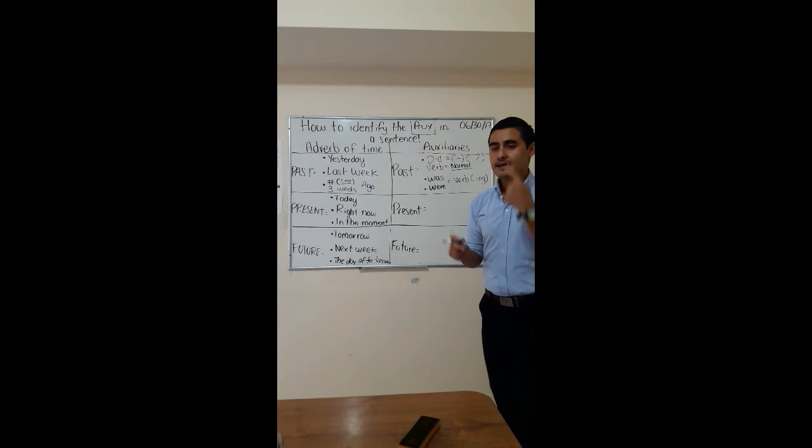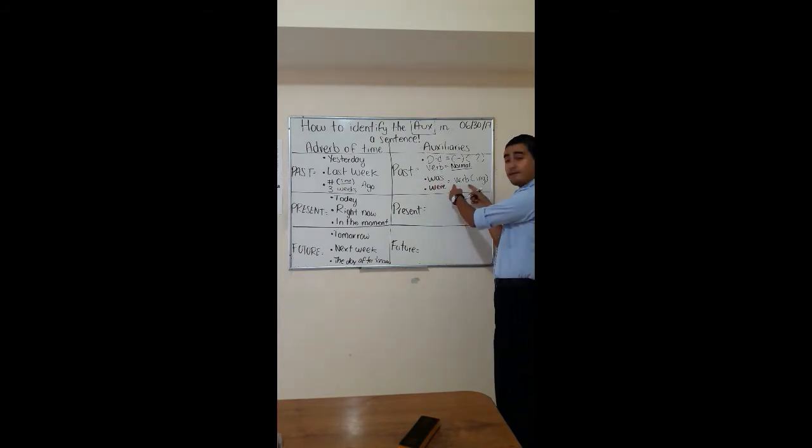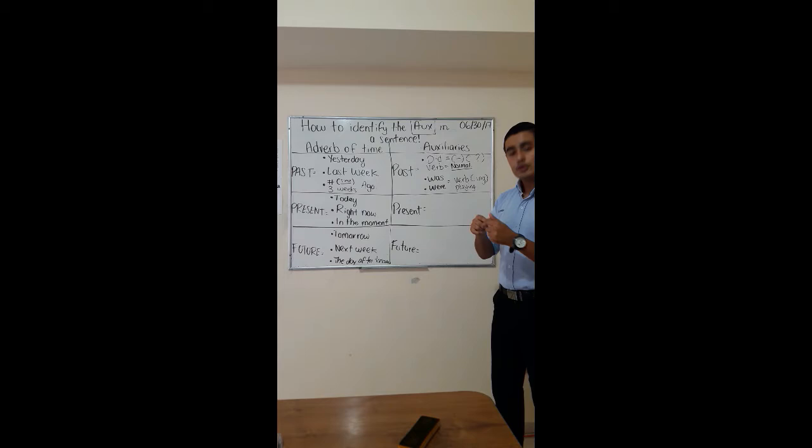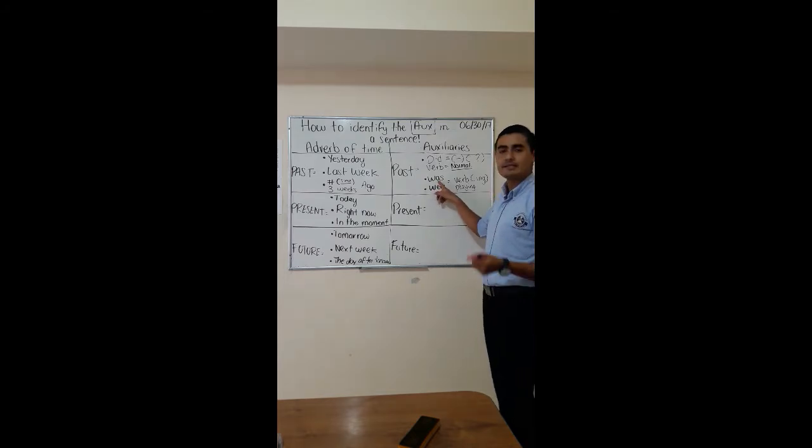So, the moment that you identify the verb with ing, for example, let's say playing, you will use the idea was or the idea were, okay?